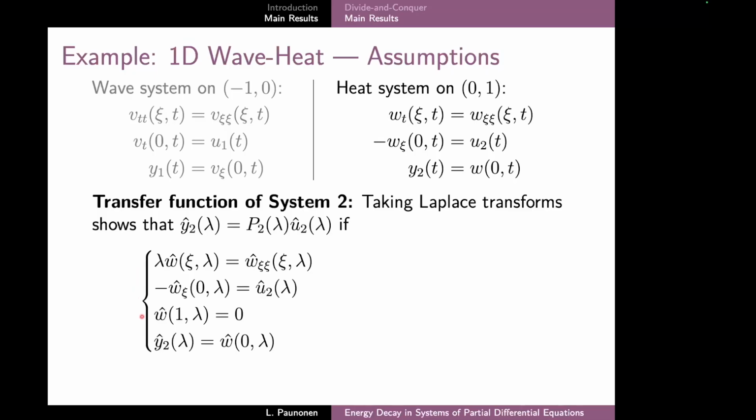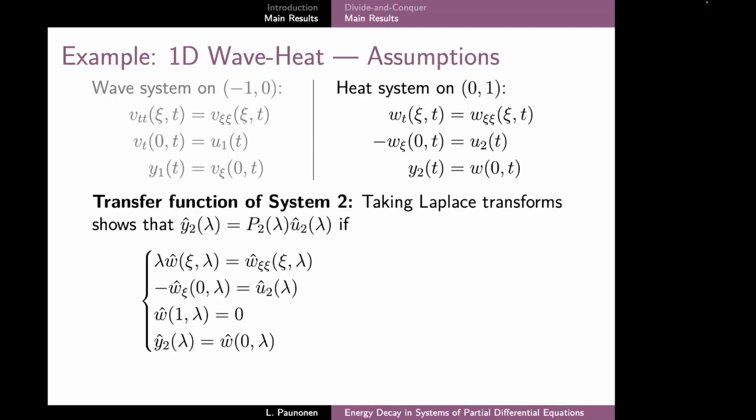And when we obtain the function w hat, which is a function of xi, the last line tells us how the Laplace transform of y is obtained as a boundary trace.